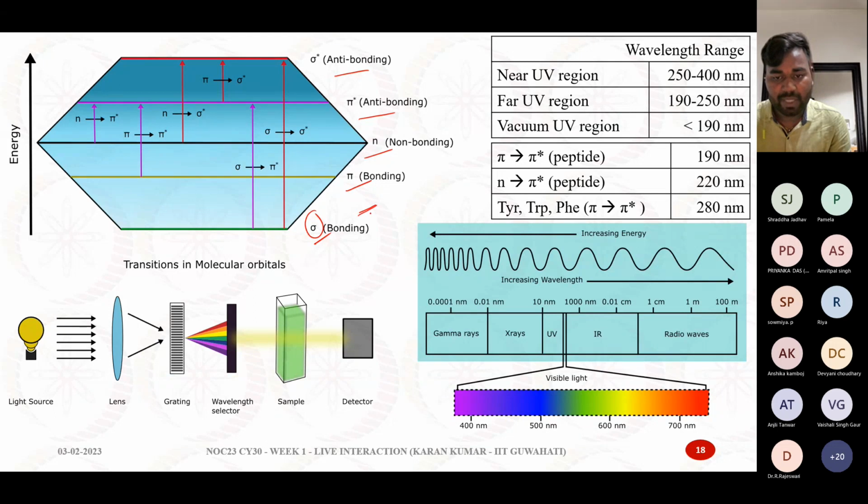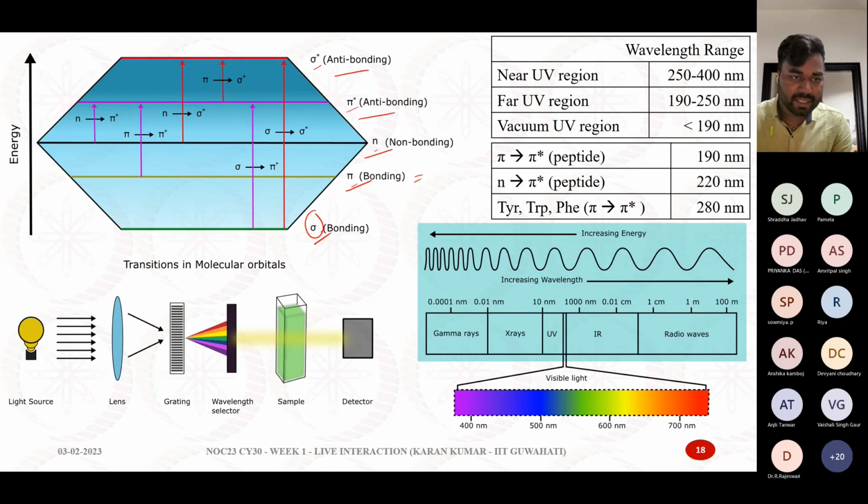Sigma bonding means participation of 2 electrons, and it is the strongest bonding. Pi bonding makes a double bond. Then there is the non-bonding orbital, then the anti-bonding orbitals, sigma star and pi star.